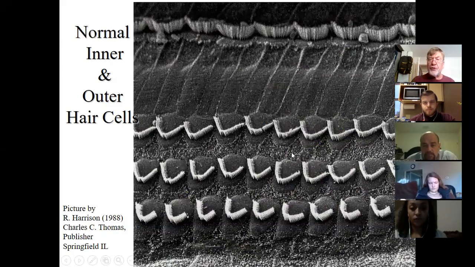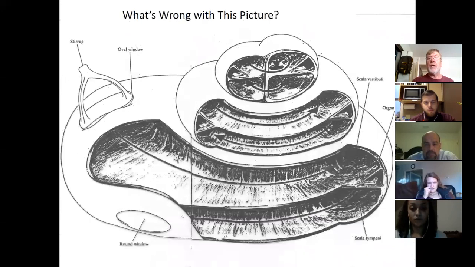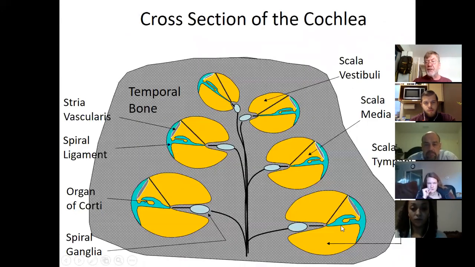Remember when I showed you that this basilar membrane gets wider and wider as you go to the top? Look at this. See how this gets wider and wider and wider? See how the hair cell region here is narrowest? The hair cell region here is wider, and the hair cell region here is widest yet? Well, here goes.